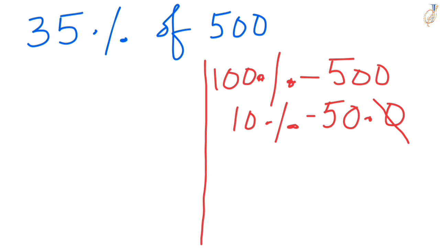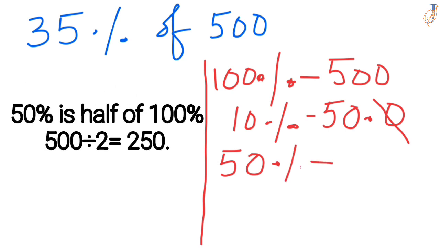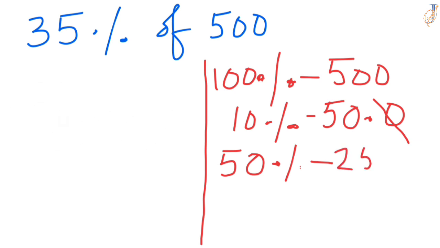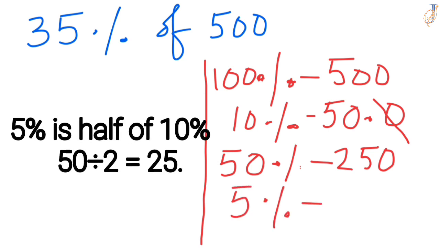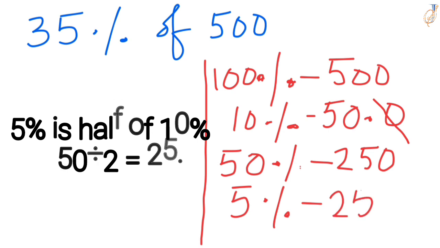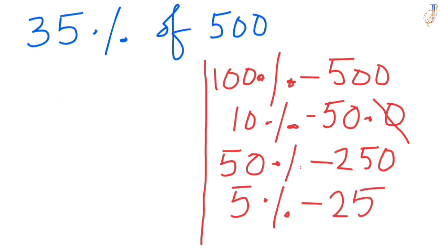Then go with 50 percentage. What is 50 percentage of 500? 50 is nothing but half of 100. So half of 500 is 250. And then what is 5 percentage? This is half of 10%. Half of 50 is 25. Calculate this 35 percentage. 35 percentage, you can write 10 plus 10 plus 10 plus 5.